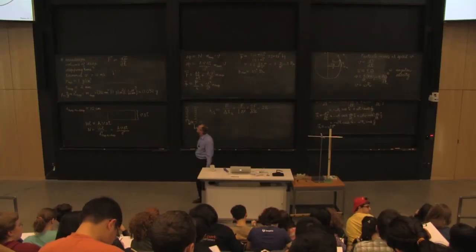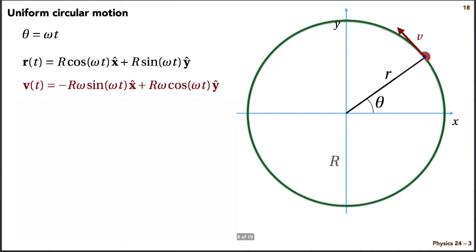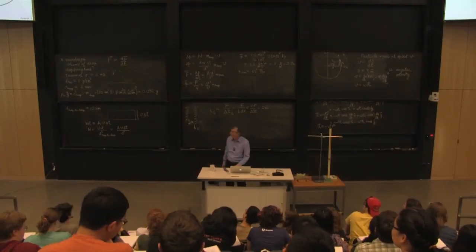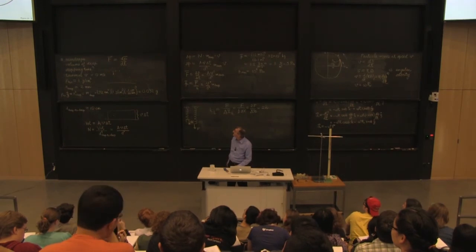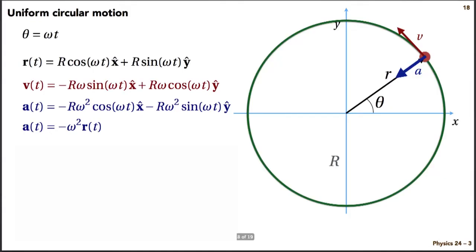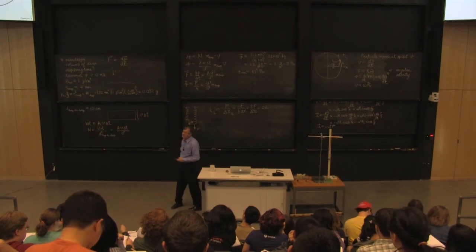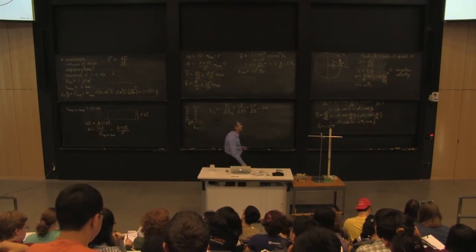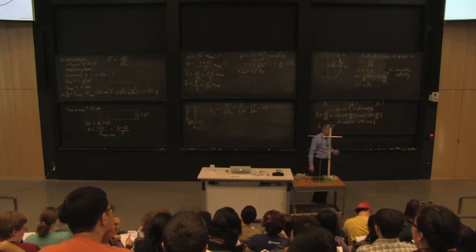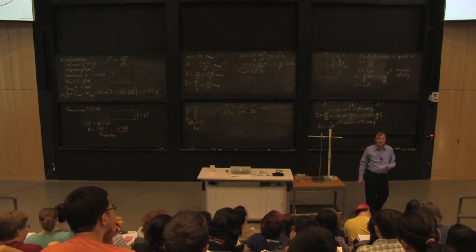So what should that look like on the sketch? That means it should be going in the negative radial direction, and that's in. Okay, that's the blue arrow here. So for a particle that moves around in a circle at constant speed, it is accelerated towards the center.